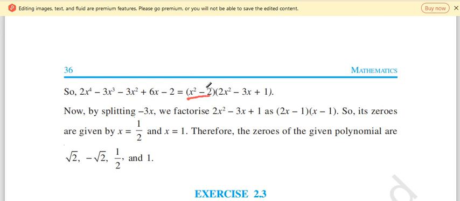Now we split this middle term, factorize and get 2x minus 1 and x minus 1, and setting them to 0 gives x equal to half and 1. Therefore the roots are these. Okay.